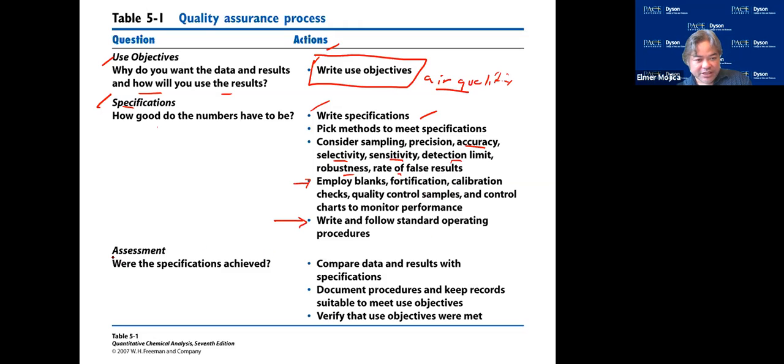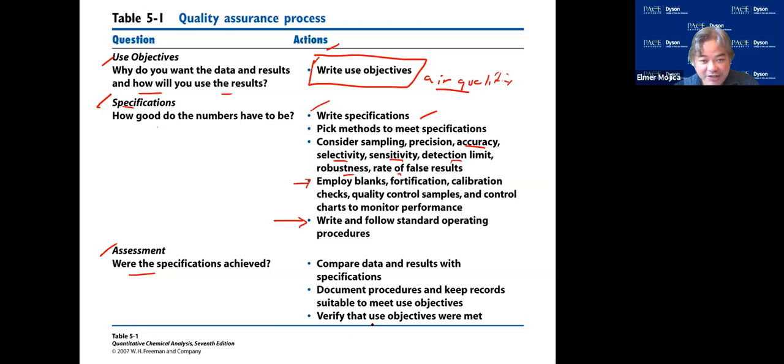And then assessment now. So this is the time we're in. You already have numbers that you collected, and you're now going to compare them with the specifications that you set. So were the specifications achieved? You're going to compare now the data and the results with the specifications. You're going to document the procedures and keep records suitable to meet the use objectives.